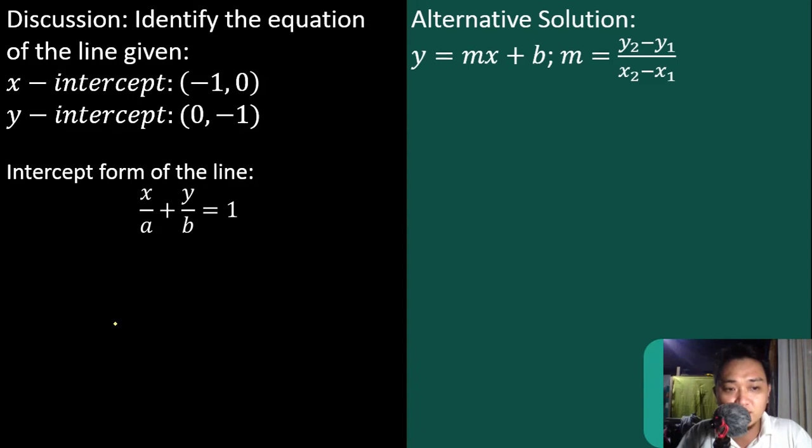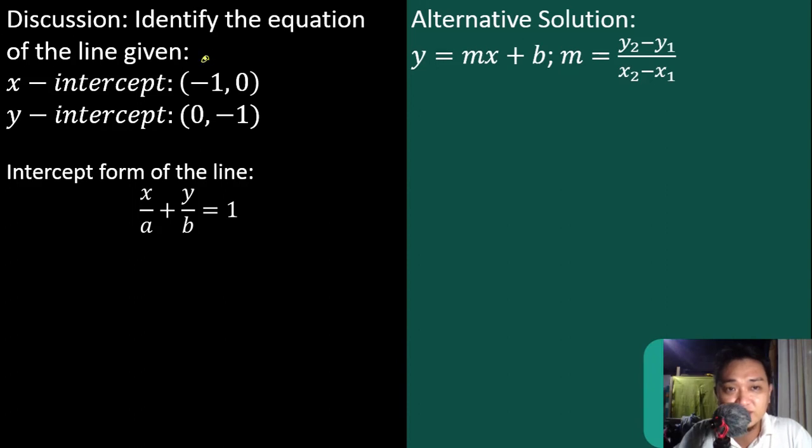Let's try this. Let's say we want to identify the equation of the line given the x and y intercepts: negative 1, 0, and 0, negative 1. What we will do is just substitute the values. How? The coordinate of the x-intercept is negative 1, 0.